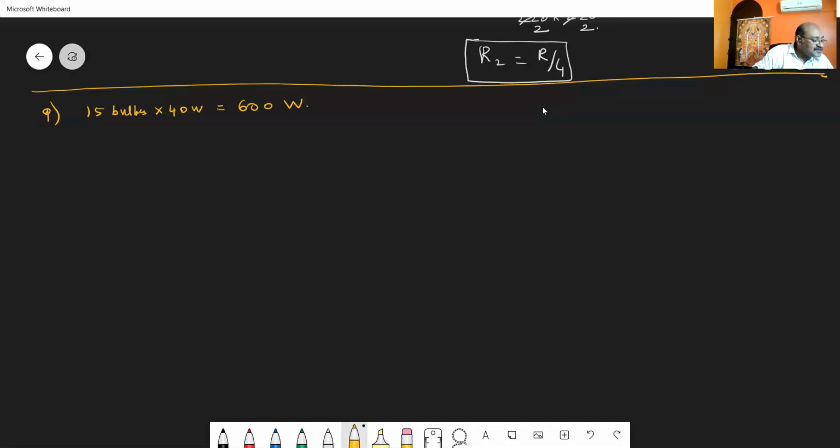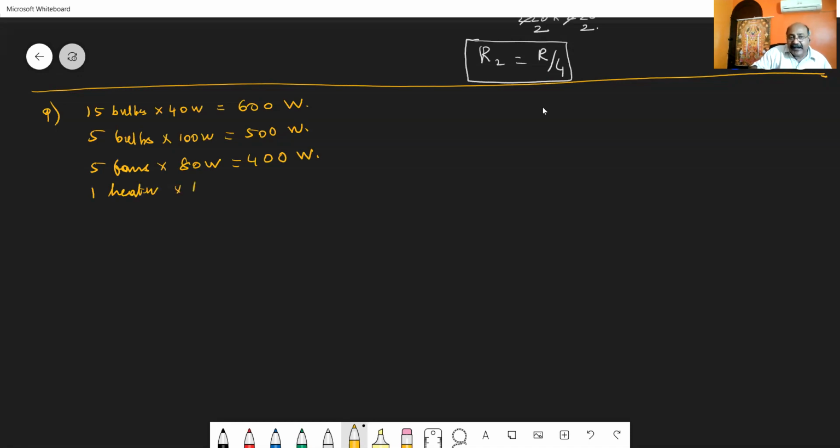Then 5 bulbs of 100 watts each, so total power is 500 watts. Then 5 fans of 80 watt each, so 5 into 8, 40, or 400 watts is the total power of the fans. And 1 heater of 1 kilowatt, which is nothing but 1000 watts.